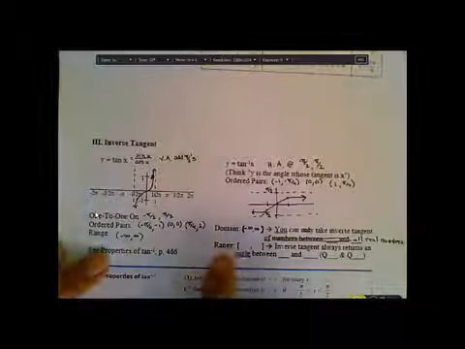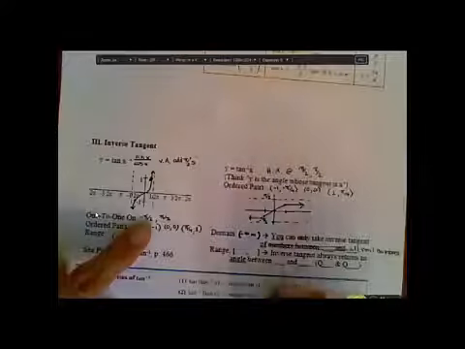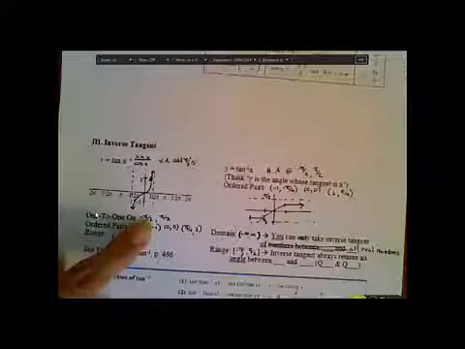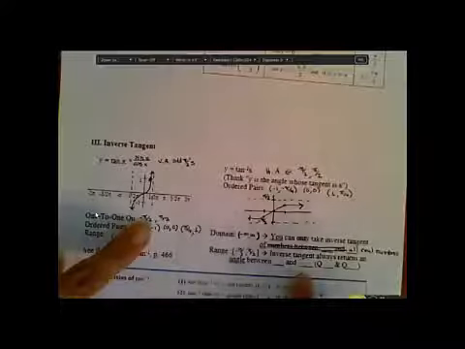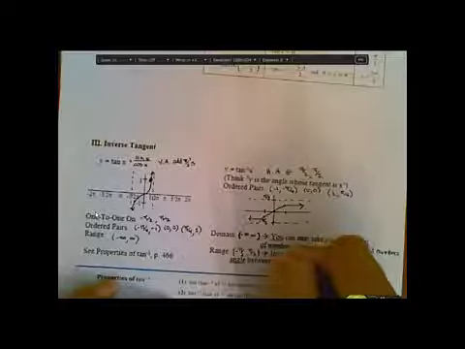The range of inverse tangent is the domain of tangent, and we said for the domain we're going to use from negative pi over 2 to positive pi over 2, which means that inverse tangent always gives me an angle between negative pi over 2 and positive pi over 2, and that would be quadrant 4 or quadrant 1.